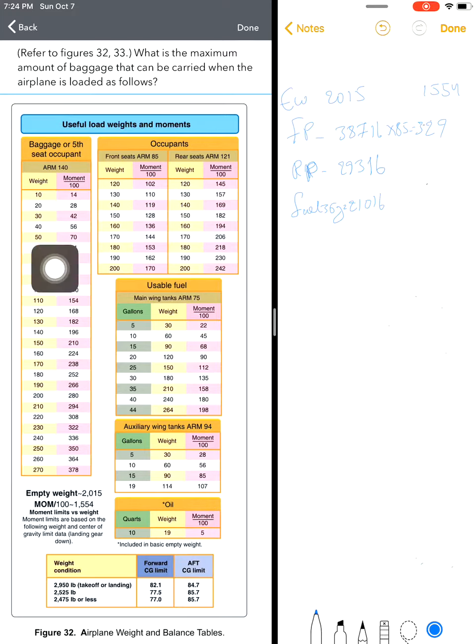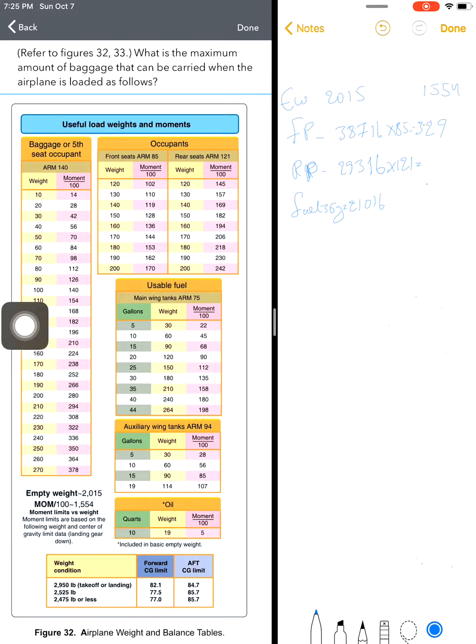Alright, so your rear passengers right up here. Column does not go 293, so multiply by 121 equals this. This is an example, okay? So when I say does not go below, our weight is a little bit higher than 200, so just multiply by the arm and you get your moment, and that moment is divided by 100.